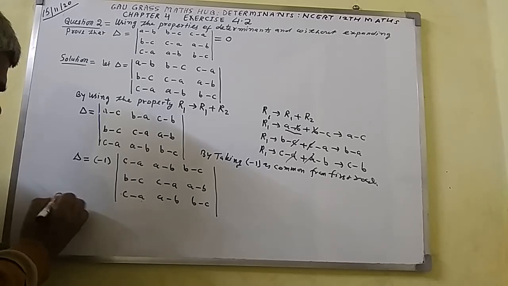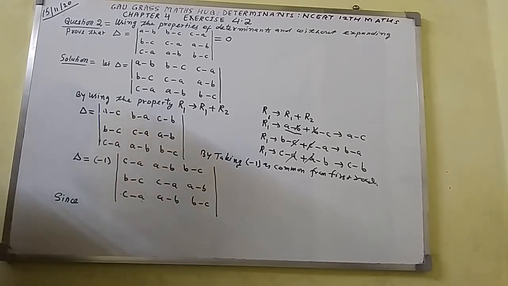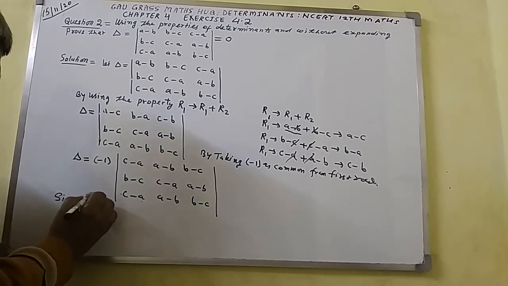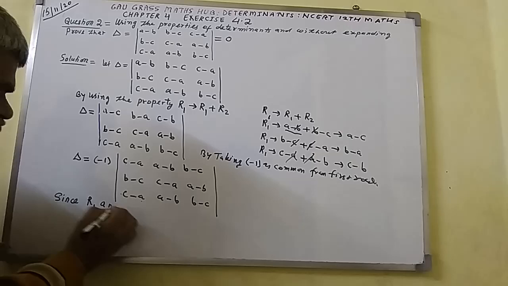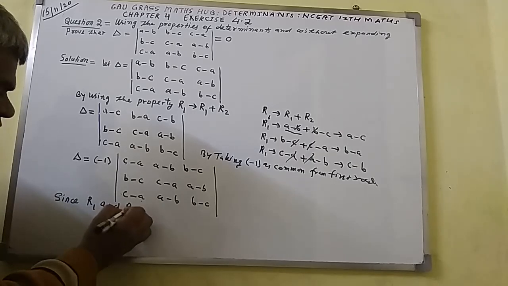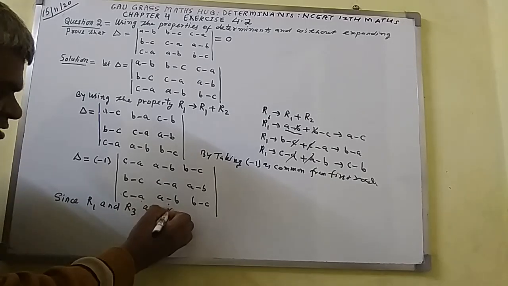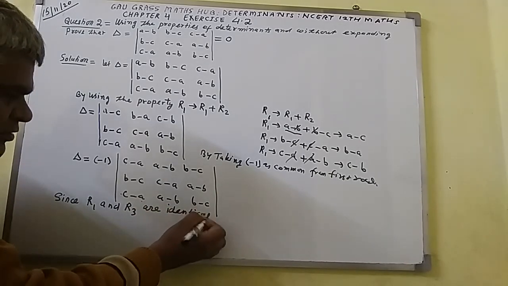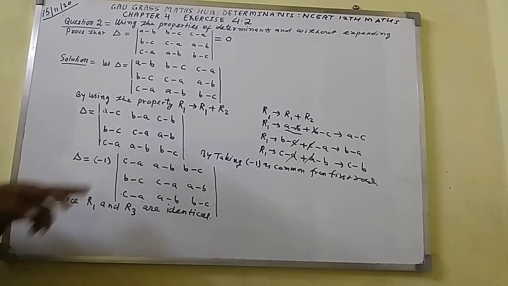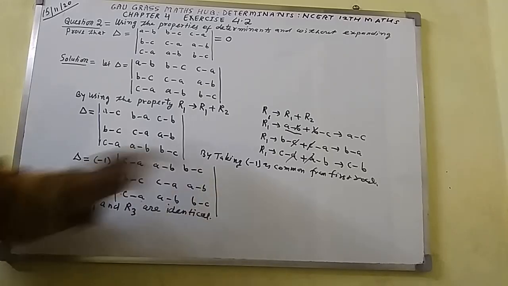Since R1 and R3 are identical. Here you can see this is first row as R1.